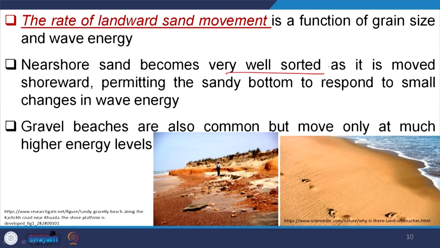Well sorted means equal or near equal grain size. Gravel beaches are also common, but they move only at a much higher energy level, because we need higher energy to pick up gravel. Similarly, we need higher energy to pick up a clay particle.